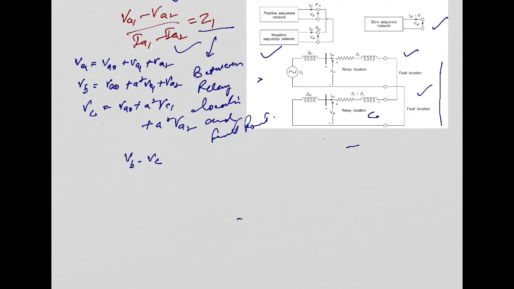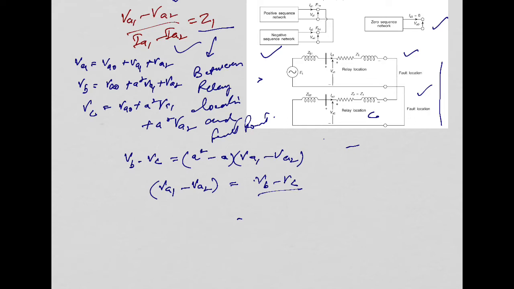So VB minus VC is equal to, after mathematical calculations, (A square minus A) times (VA1 minus VA2). I am writing it directly so you can find it out. Finally from that we get VA1 minus VA2 equals (VB minus VC) divided by (A square minus A).